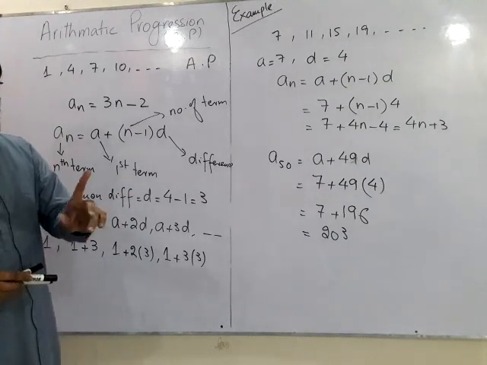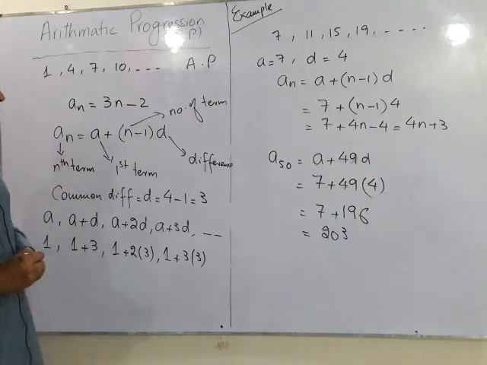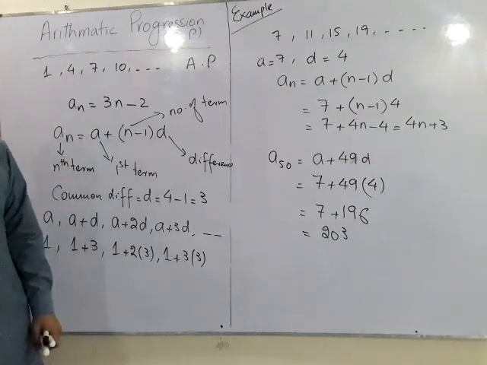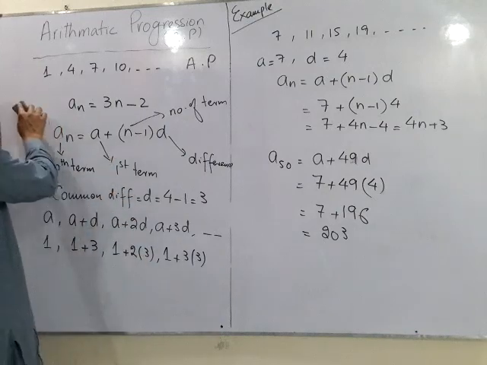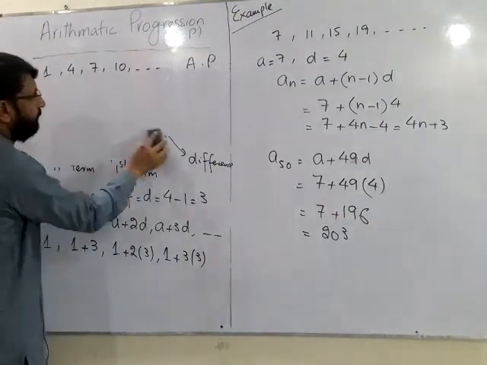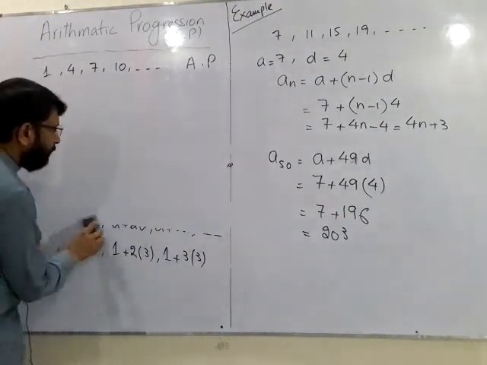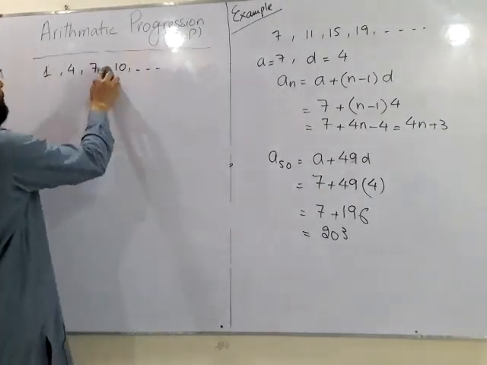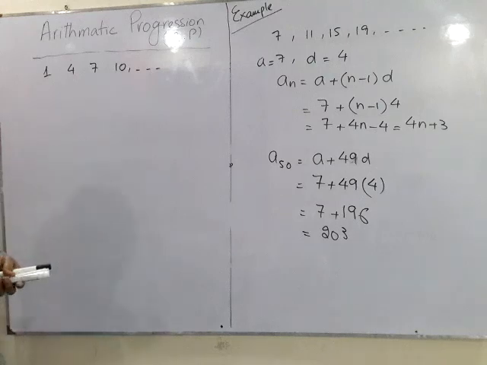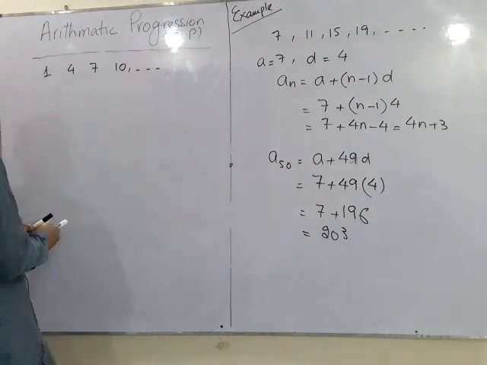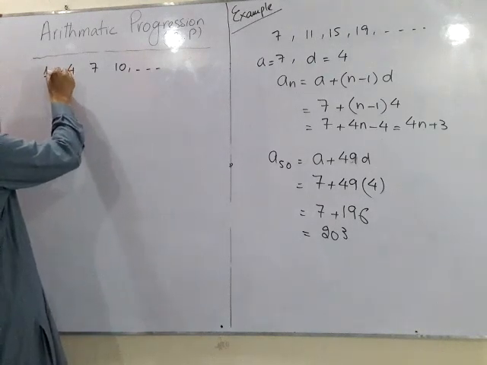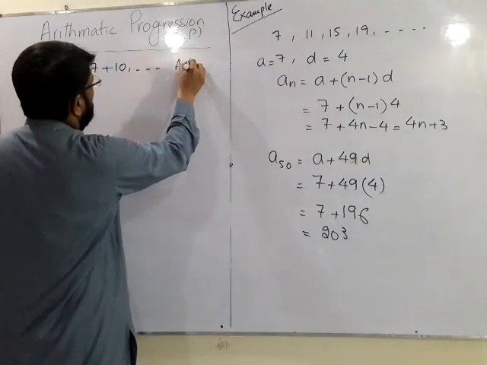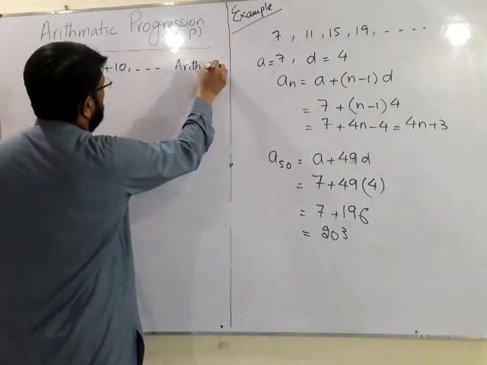Now we'll look at what may happen if we convert this sequence into a series. For example, if we use a plus sign between the terms, this is going to become an arithmetic series.